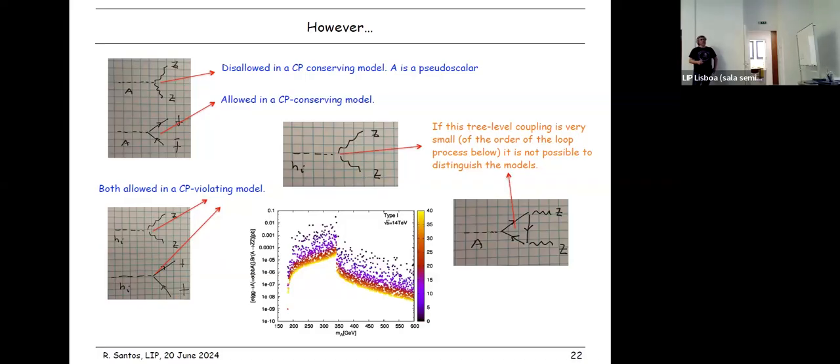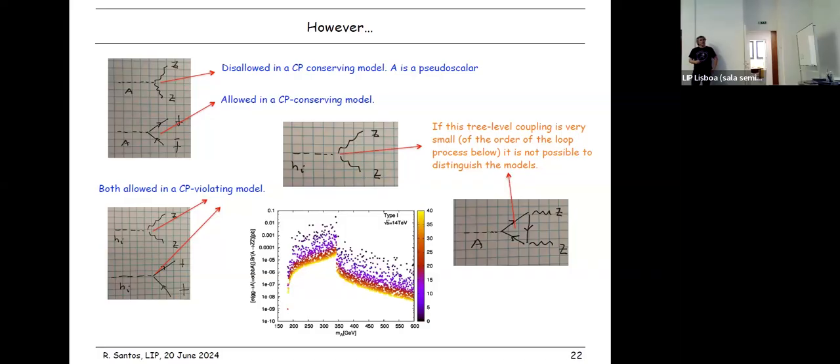Now, the problem with the standard model, or any CP conserving extension, is that as soon as you have fermions, you could have this decay of a pseudoscalar to two Zs. So this is allowed at one loop. When this is allowed at one loop, it means that it is allowed, but it's very small.